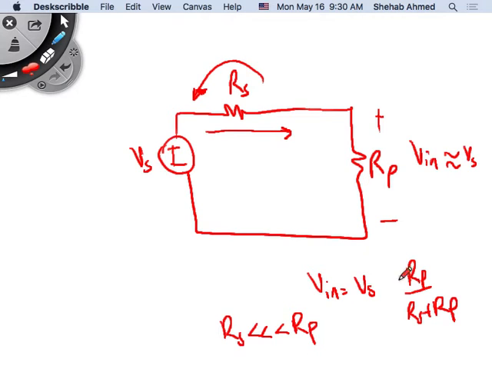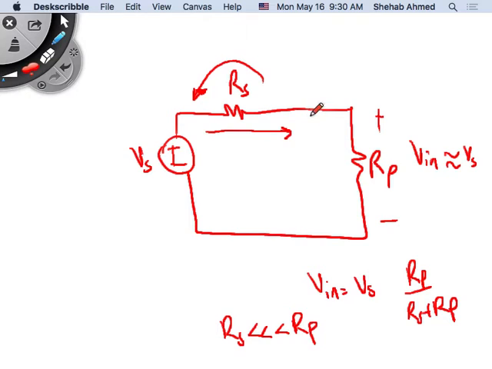So this was the condition that we want here. I would like Rp to be large, or Rs to be very small, but I would still also like to draw a minimal amount of current. I want to minimize or eliminate this variation as much as possible here.